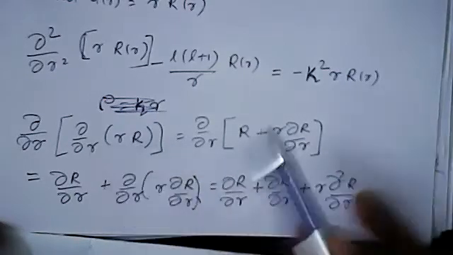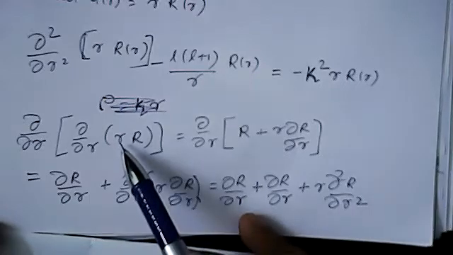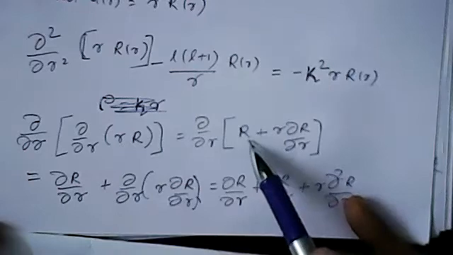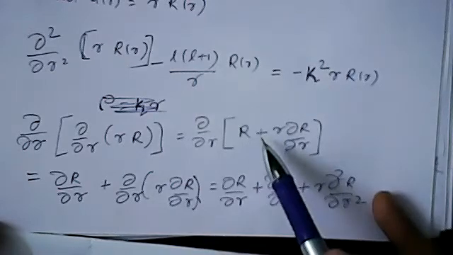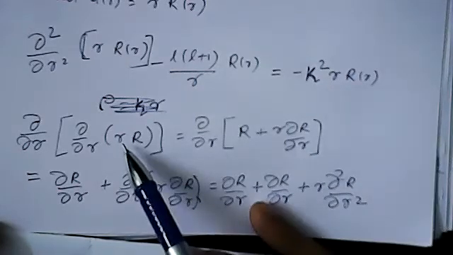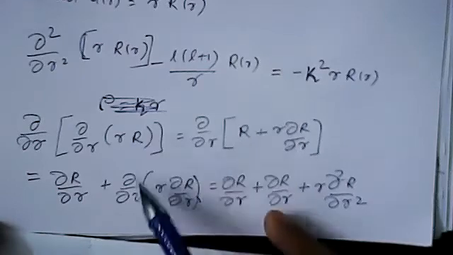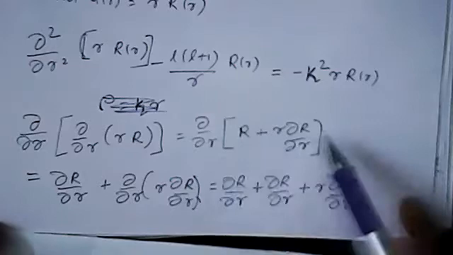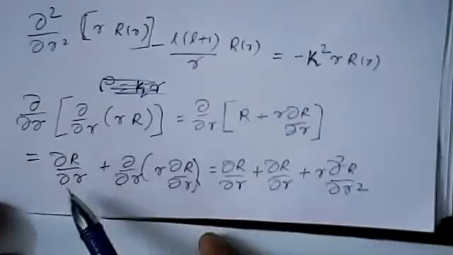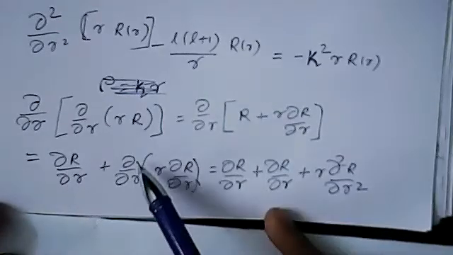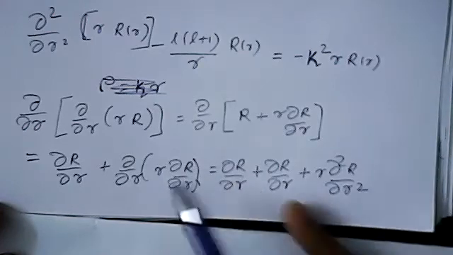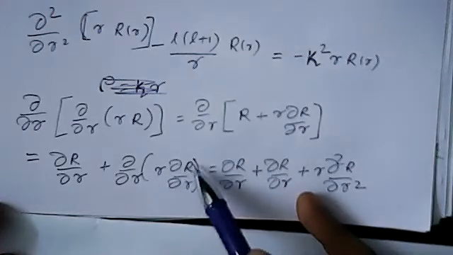You first differentiate small r, that is 1. Dou r by dou r is 1. So capital R comes, plus, now r remains there, dou capital R by dou r. Okay. Now let this dou by dou r go inside. So dou capital R by dou r plus dou by dou r of small r dou capital R by dou r.